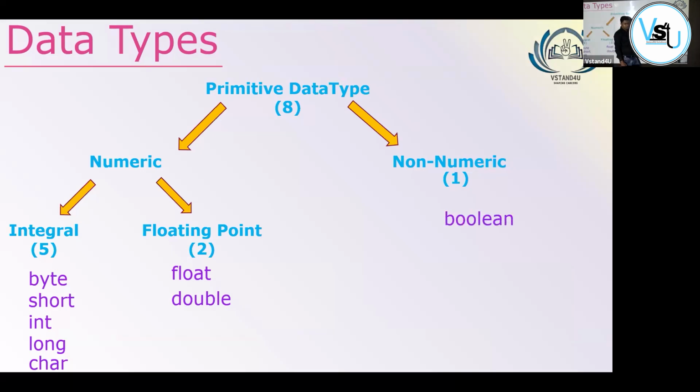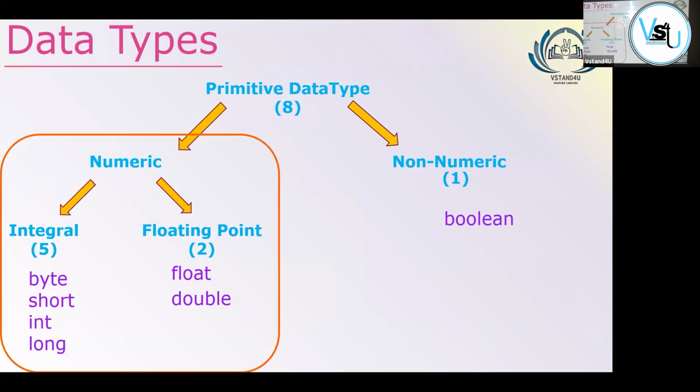Non-numeric, only 1 is left over: our hero Boolean. But numerically, how many are there? 5 plus 2 is 7 numeric, and 1 is non-numeric. Now sign sensitivity, positive sign, negative sign. If I classify all these data types, except char, all of them are signed.